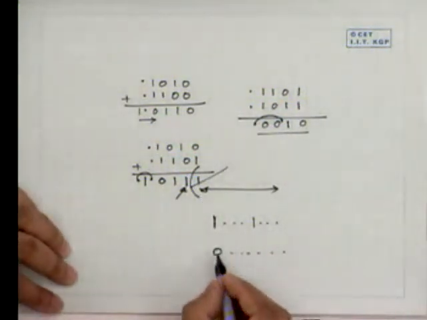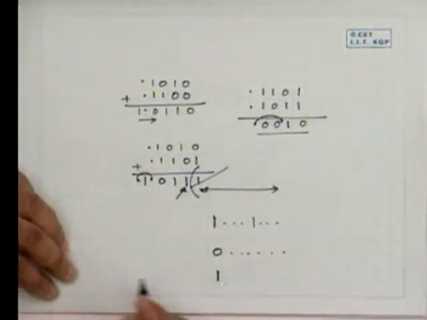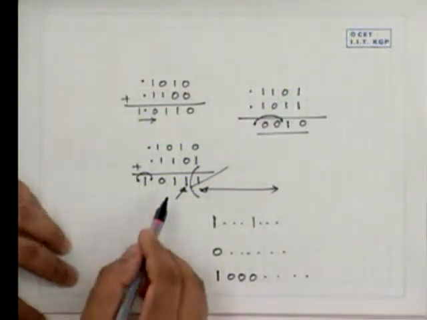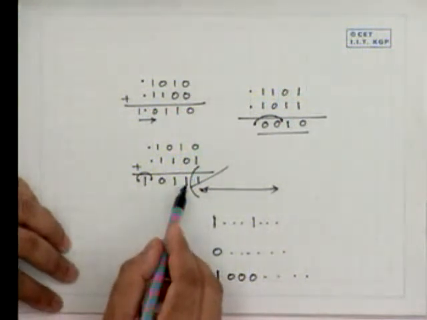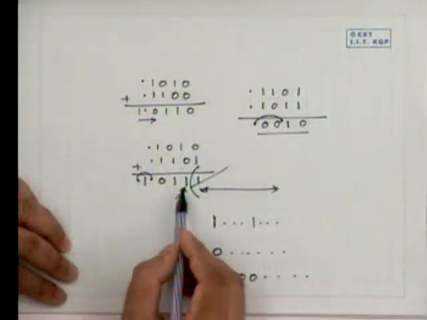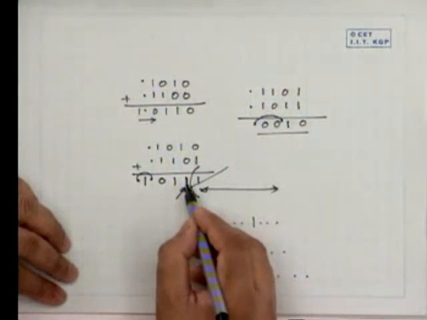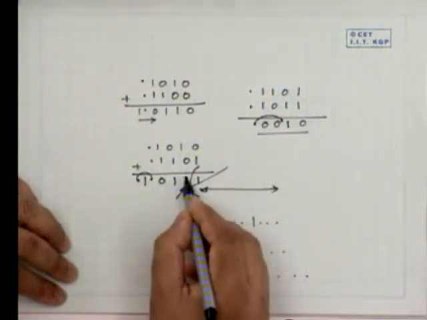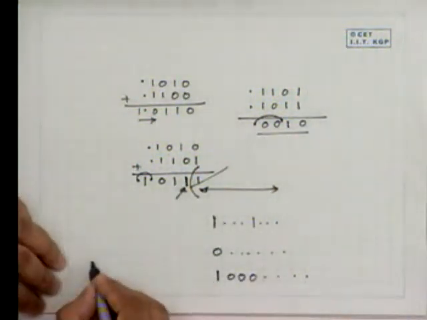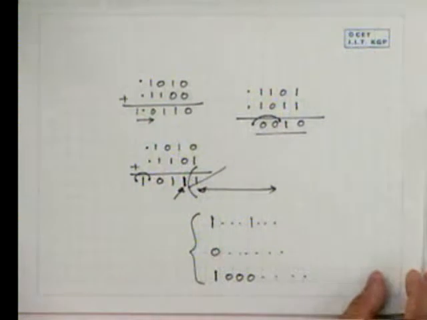But if the first bit of the discarded pattern is 1 and you have all zeros after it, then change the bit pattern to an even number. That means if it is 1, you increment it to 0, or if it is 0, you keep it as such. This is a simple rule which can be applied for rounding here.